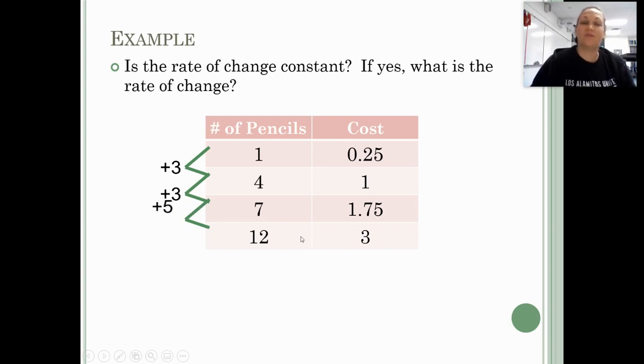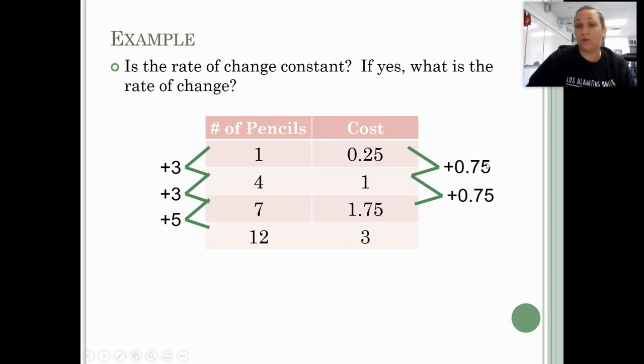But as we learned on the previous problem, it's okay if these are not all the same number. It's all about setting up the fraction and simplifying the fraction. Checking my y numbers, to get from 0.25 to 1, I have to add 0.75. To get from 1 to 1.75, I also have to add 0.75.